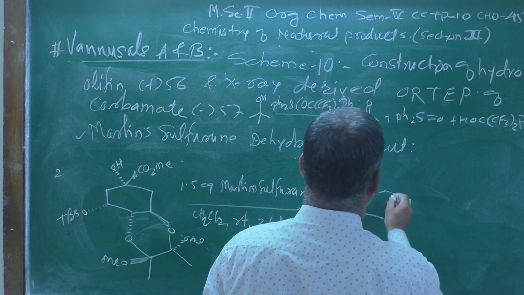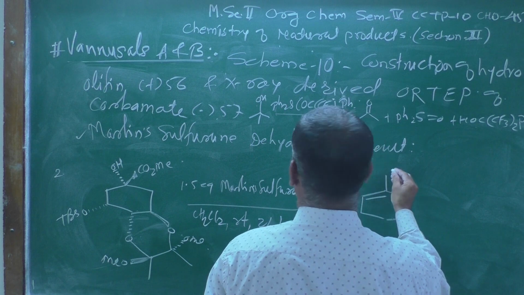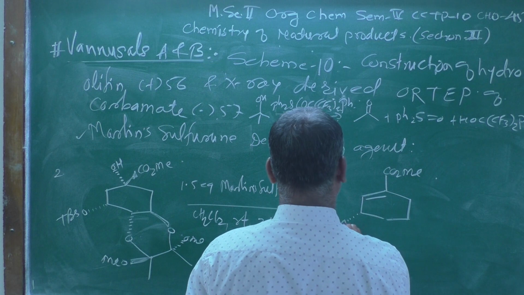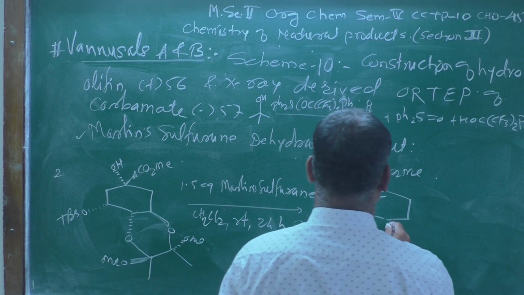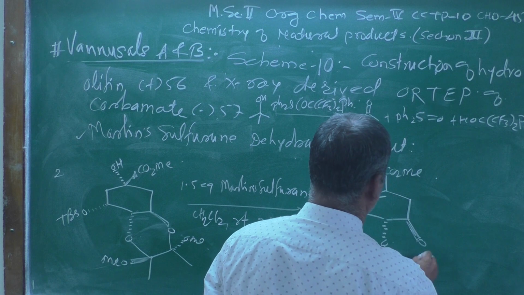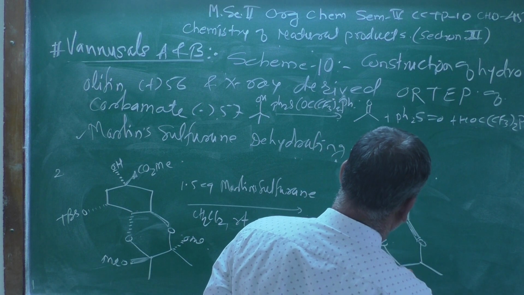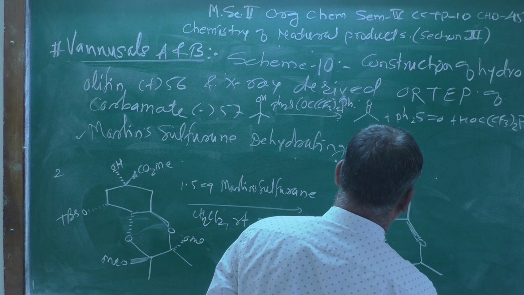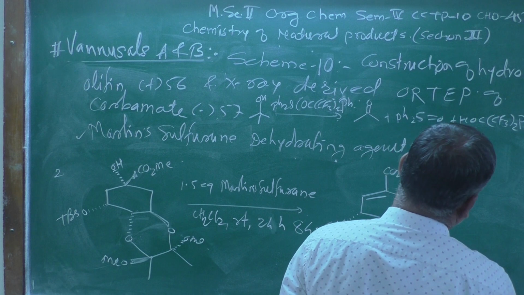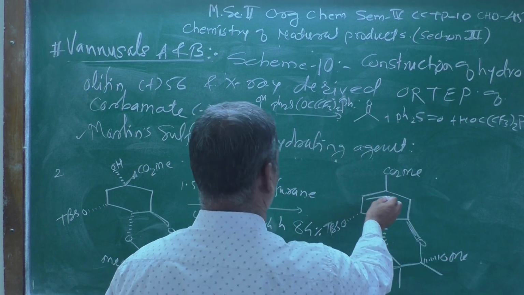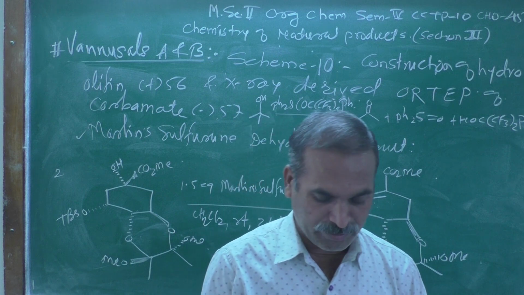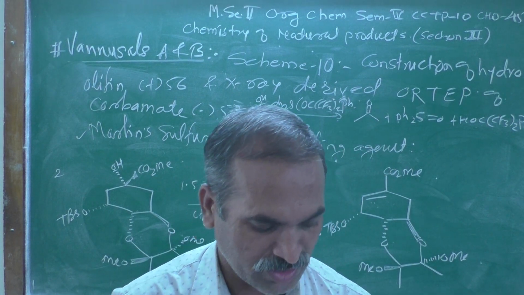See the product here, the double bond comes over here, CO2Me, and the other groups remain as they are, OTBS, then this oxygen atom, here also an oxygen atom, then the groups which are already present in our main compound. Only the double bond is new, and you can see it very clearly. So, these are the examples of this Martin's sulfurane.